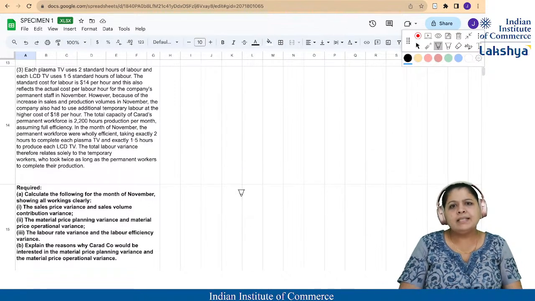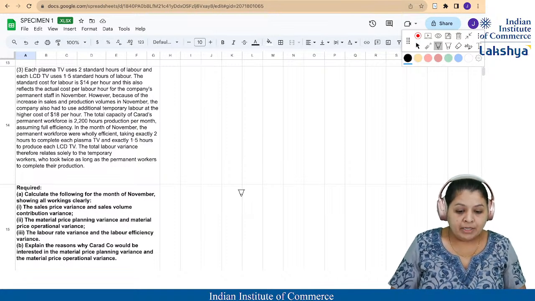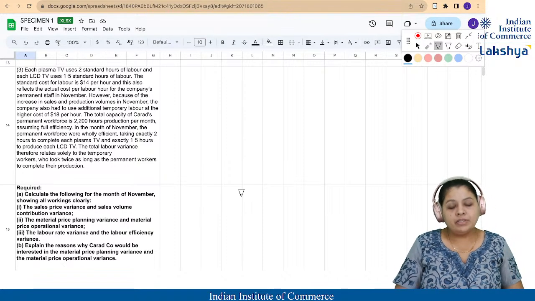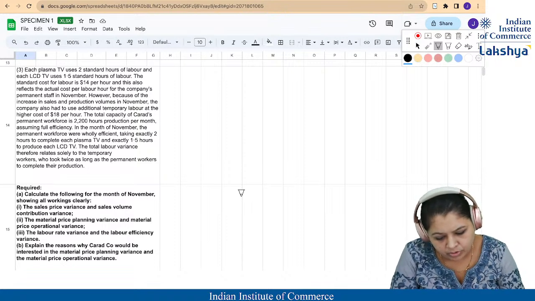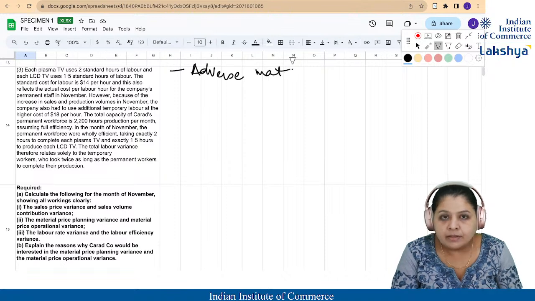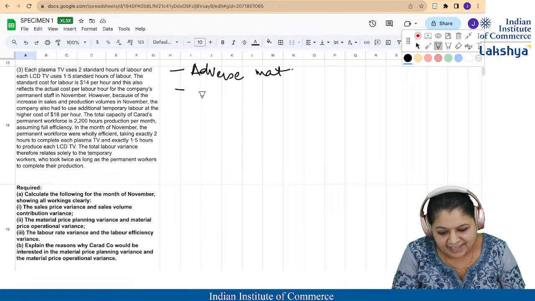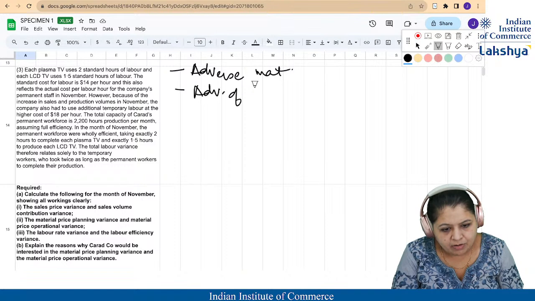Next is to explain the reason why Carrot could be interested in material price planning. So here, what they're basically asking is the advantages of material price planning variance and operational variance, right? So how do you start this question? You can just start with all the adverse material, which is already given in the examination, in the question, right? And then you can move forward to the advantages of planning and operational variance.